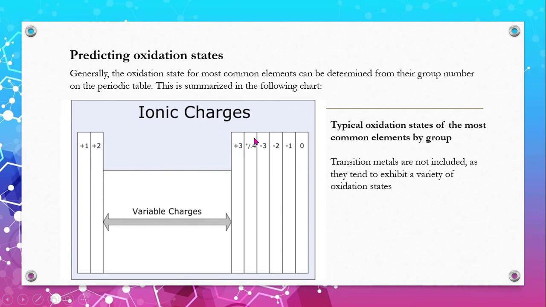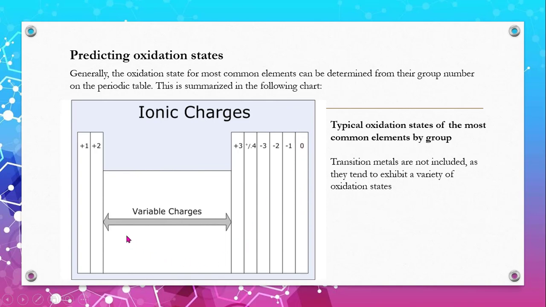Going on to Group 4, you can have an oxidation state of either + or -4, right? These will have oxidation numbers of -3, -2, -1, and Group 8 will have an oxidation number of 0 because it's mostly uncombined elements.